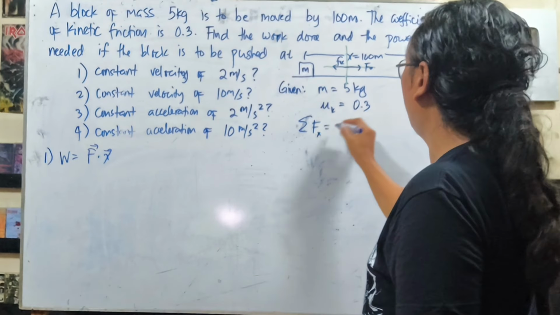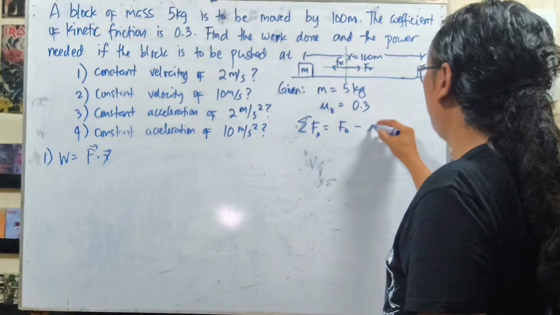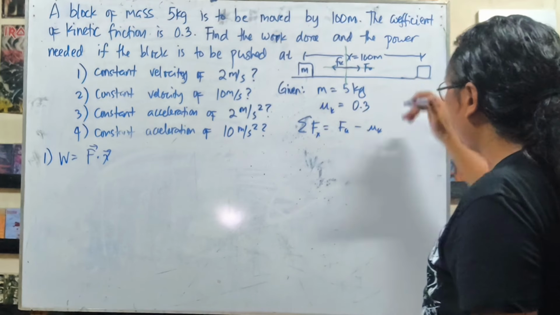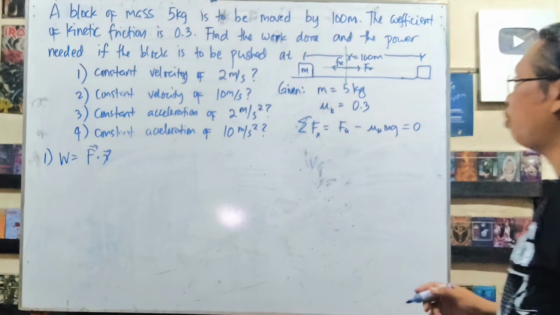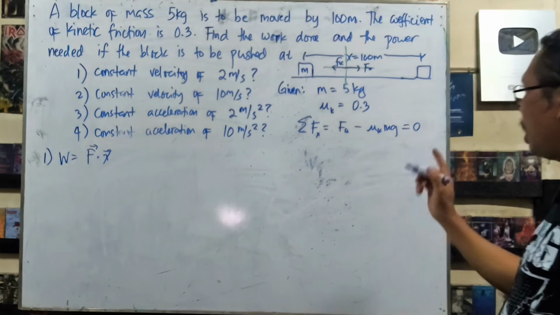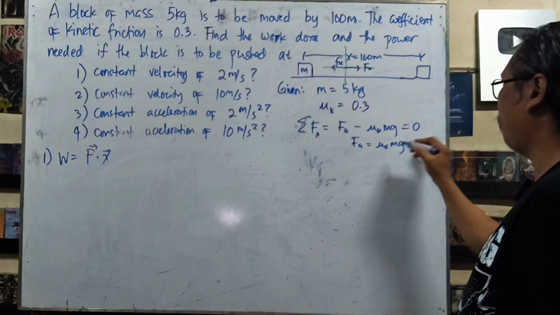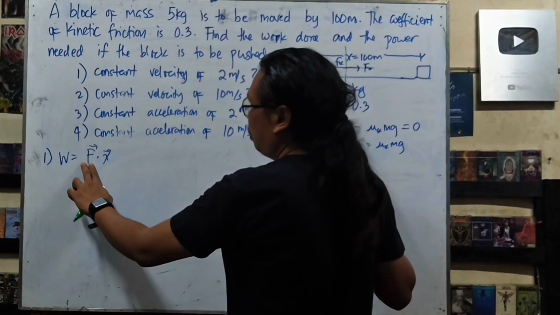The summation of forces along X would be Fa minus Fk, which is just mu k times n. In this case, it's no inclined plane, meaning n is just equal to mg. And this must be equal to 0 because we are pushing it at a constant velocity. That means that Fa is just equal to mu k mg.